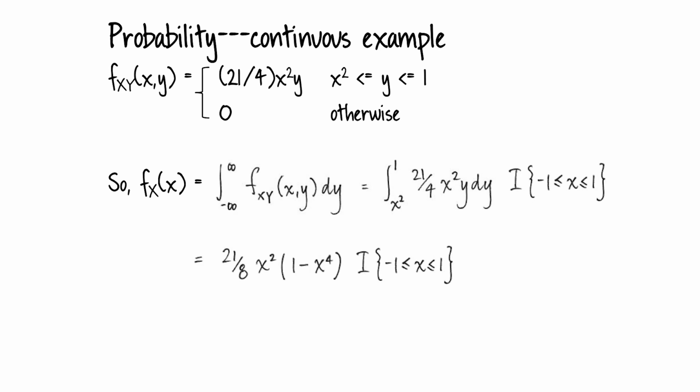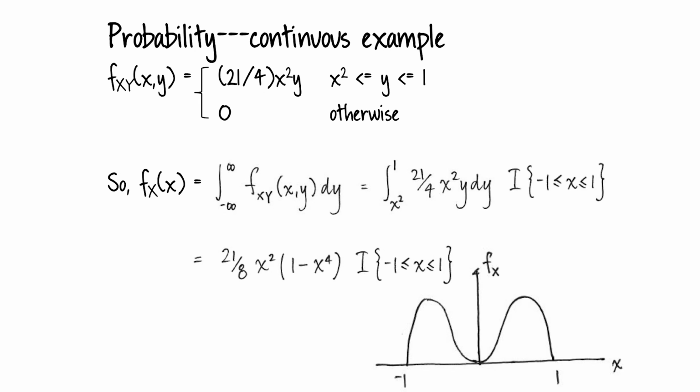If we perform the integration, this is what we get: 21/8 times x squared times 1 minus x to the 4th. Again, to be very careful, I put the indicator function there. And this is what it looks like graphically.